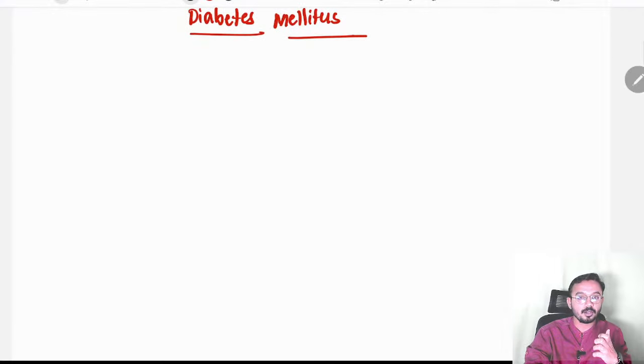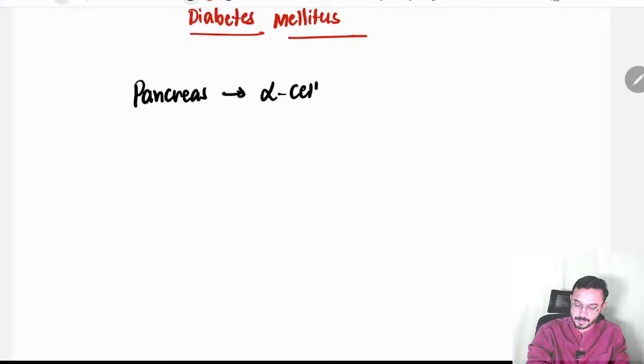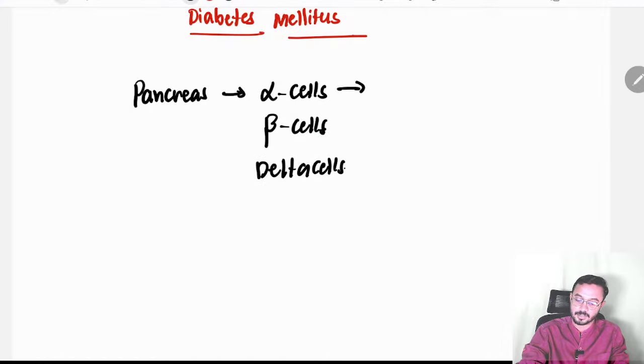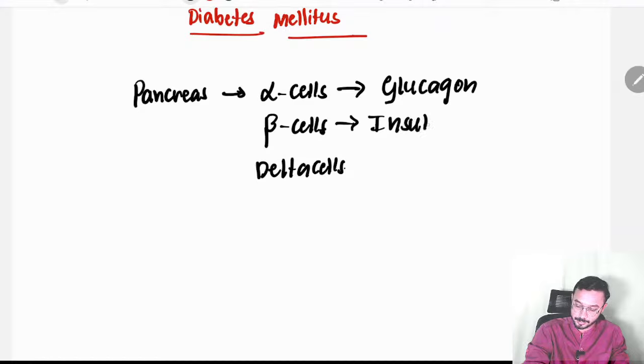We all know that in our body, the pancreas is present. The pancreas has different types of cells, that is alpha cells, beta cells and delta cells. Alpha cells will secrete glucagon and beta cells will secrete insulin, right?